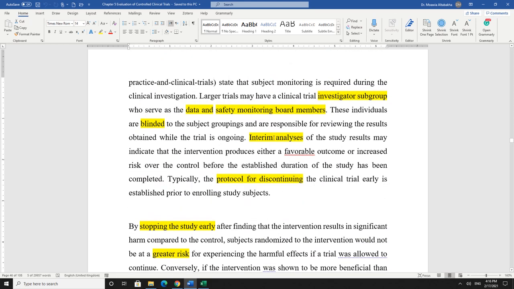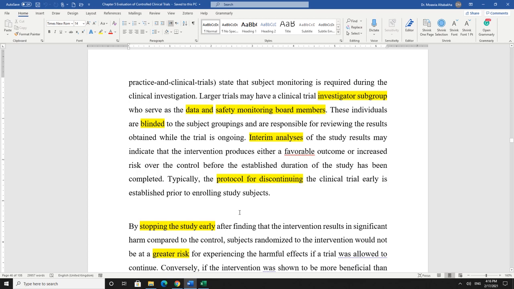Of course, when they do the interim, meaning intermediate, not final, analysis, they will find whether something is going wrong in one group or something is going well in one group.